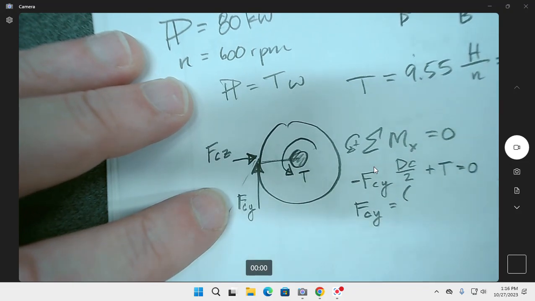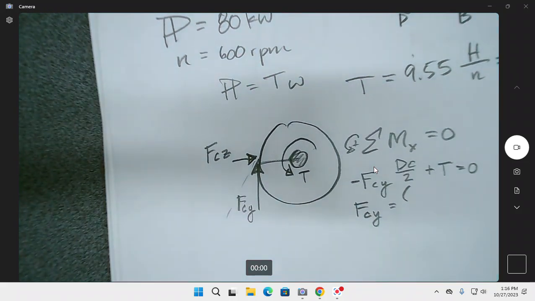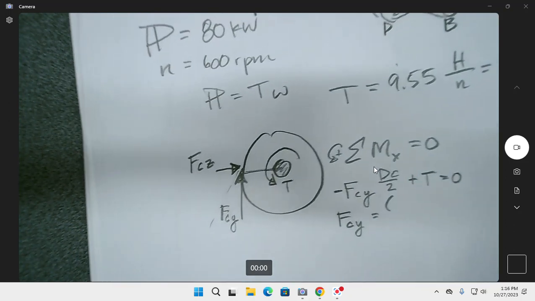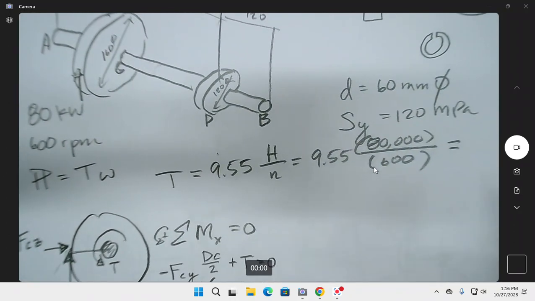Oh, I didn't bring my favorite calculator with me either. So 80,000 times 9.55 divided by 600, boom, it's going to be equal to 1,273 Newton meters.